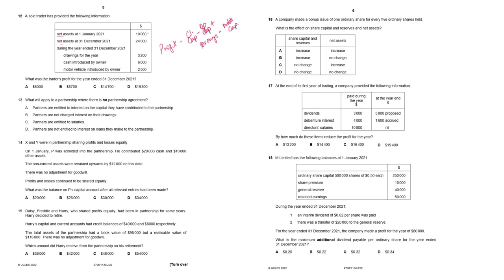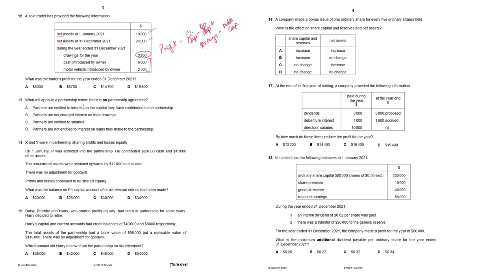So you have the closing capital 24, opening capital 10, drawings 3,200 and additional capital, these two amounts total 8,500. Even the motor vehicle introduced by the owner, even though it's not in cash, will be a part of additional capital. So you can do the calculation and see which option is correct.